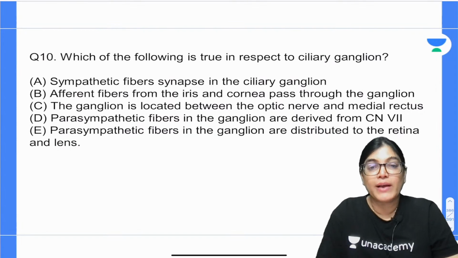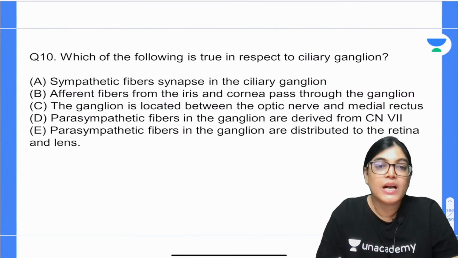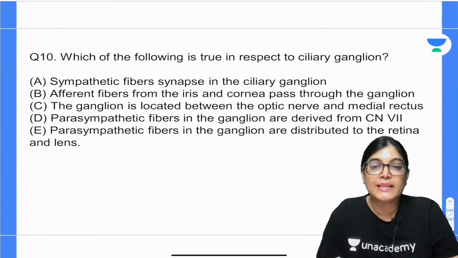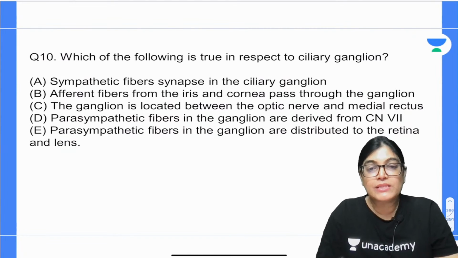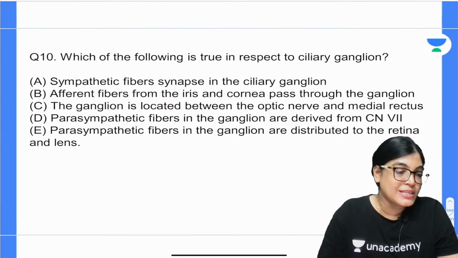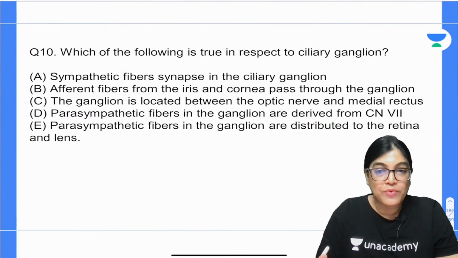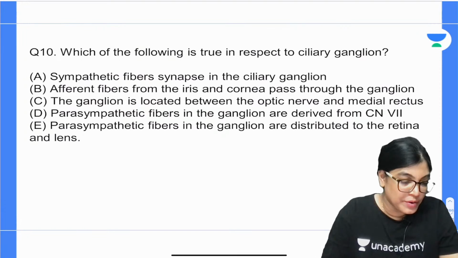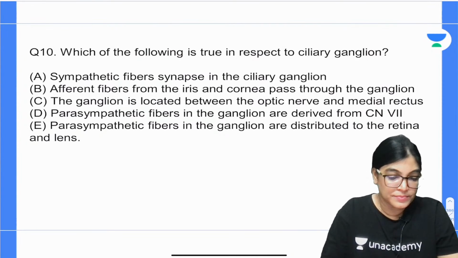C: The ganglion is located between the optic nerve and the medial rectus. D: Parasympathetic fibers lying in the ganglion are derived from the 7th cranial nerve. E: Parasympathetic fibers in the ganglion are distributed to the retina and the lens. Five options are there, please tell me the most correct answer. Your time starts now. You will get 30 seconds for marking the correct answer.